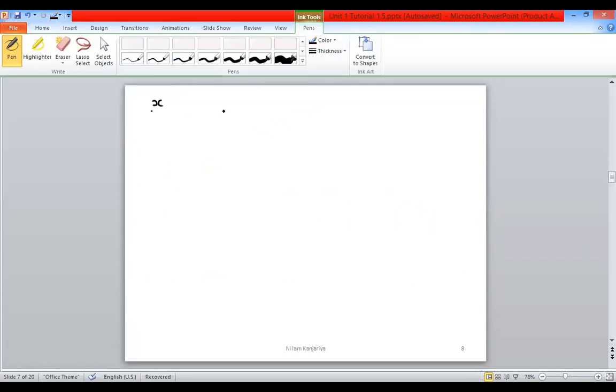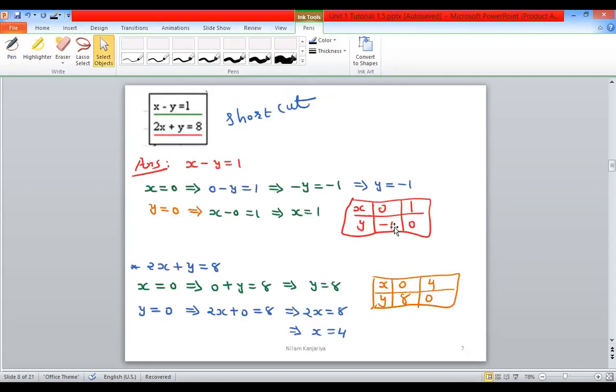This is your x and y. In the first table, x is 0, y is minus 1.